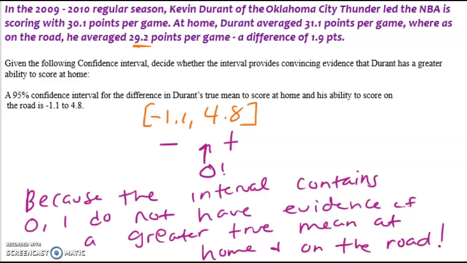So make sure that you are still including your context when you're answering these types of questions. Context meaning, are we talking about Kevin Durant or Derek Jeter? And what about those guys are we actually talking about? Points scored, the proportion of hits. Make sure that you're including that when you're making a decision.